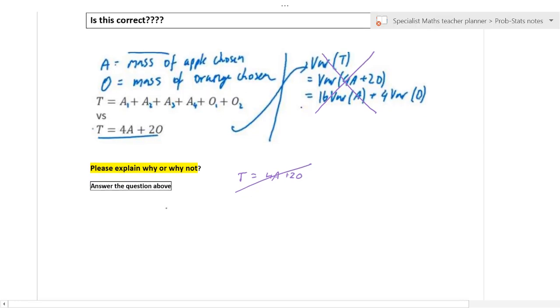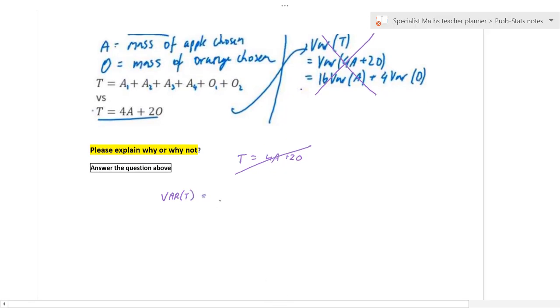In actual fact, if we're looking at the variance of T, we're looking at the variance of apple 1 plus apple 2 plus apple 3 plus apple 4 plus orange 1 plus orange 2.